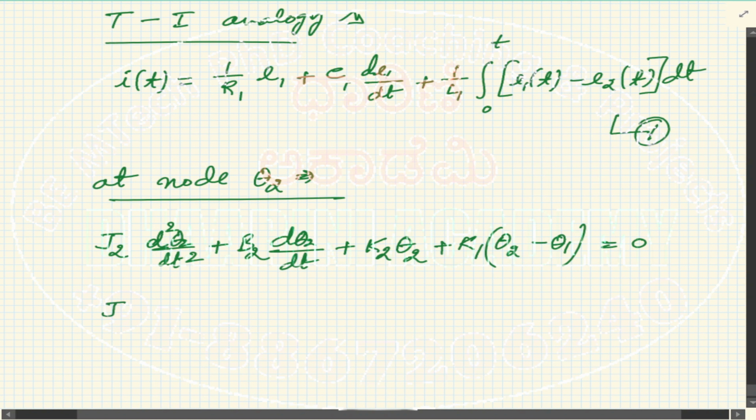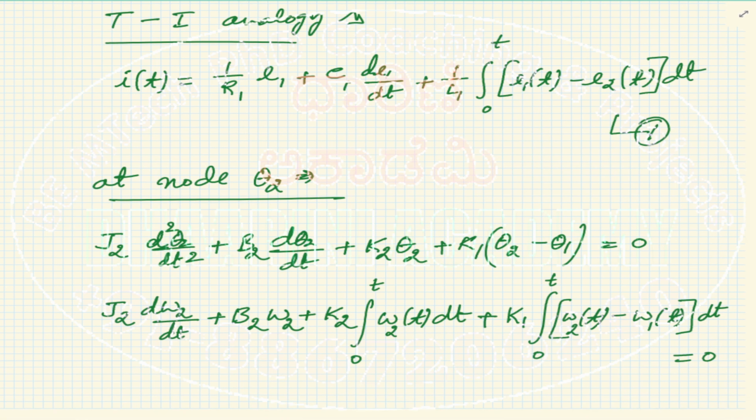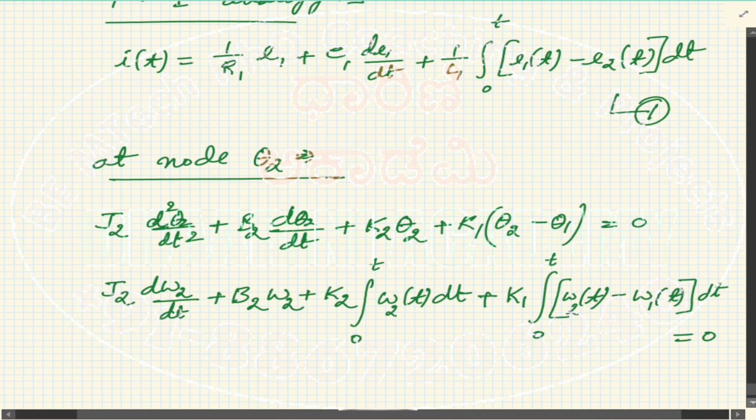Applying that, this is J2 into d omega 2 by dt plus B2 into omega 2, since differentiation of theta 2 gives you omega 2, plus K2 into integration 0 to t of omega 2 of t dt, plus K1 integration 0 to t of omega 2 of t minus omega 1 of t dt, right, equals 0. Okay, just verify these equations.